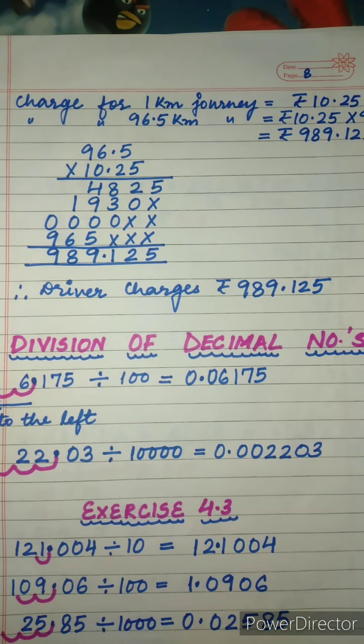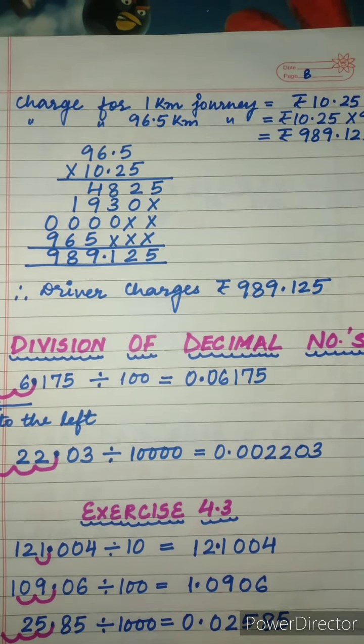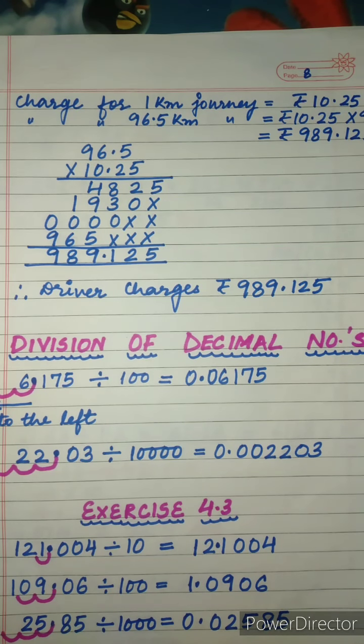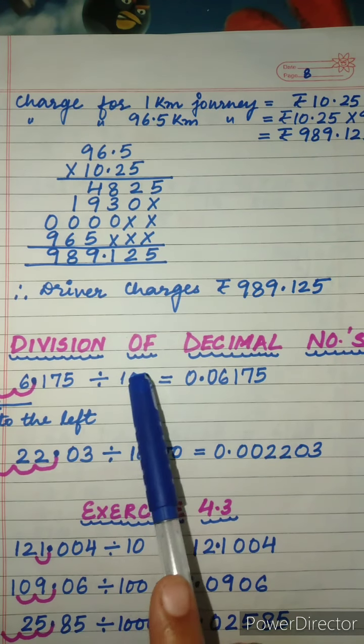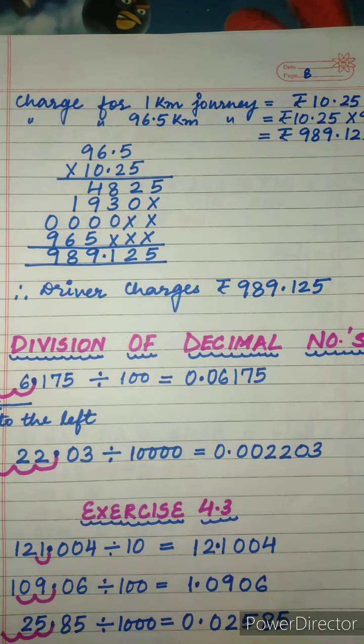Now comes the division of decimal numbers. Now as you have learned that while multiplying the decimal number by 10, 100, 1000, 10,000 and so on, we move our decimal place towards the right. Whereas while doing the division of the decimal numbers, we are going to move towards the left.